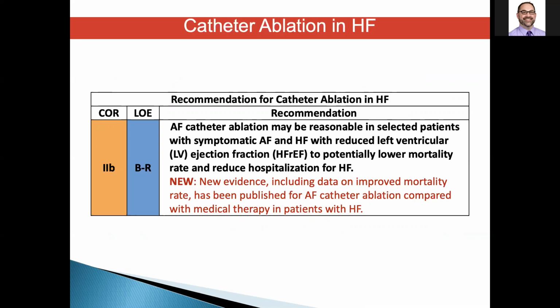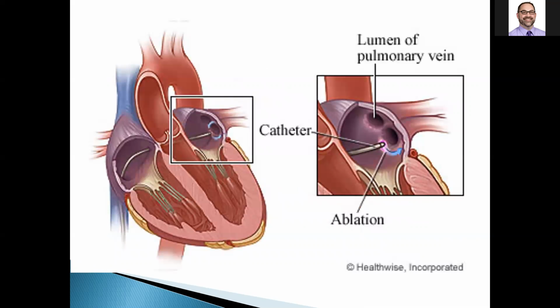So patients should be evaluated by electrophysiology. This is just showing, where we go to the lumen of the pulmonary vein, and they ablate the small vessels around that to decrease the area of excitability that causes the abnormal depolarization of the atrium.